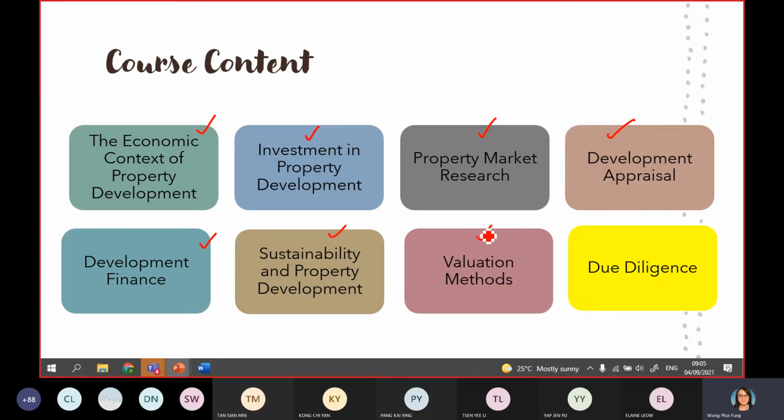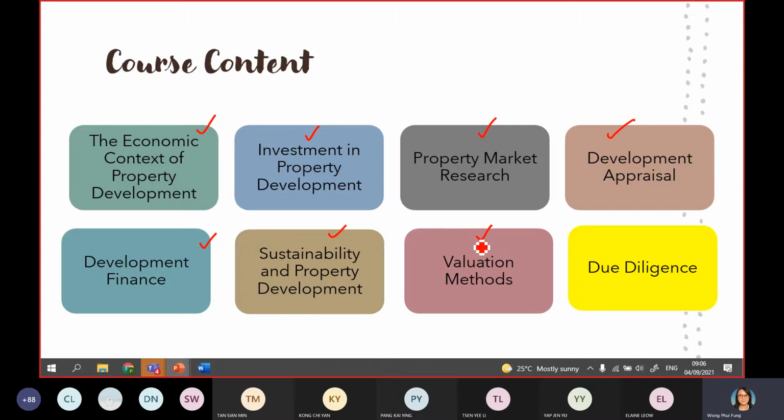Then in this chapter, we learned a few basic valuation methods. Only a few. I didn't expose too much to you, but at least you have an idea what valuation methods you can use and how to conduct them.